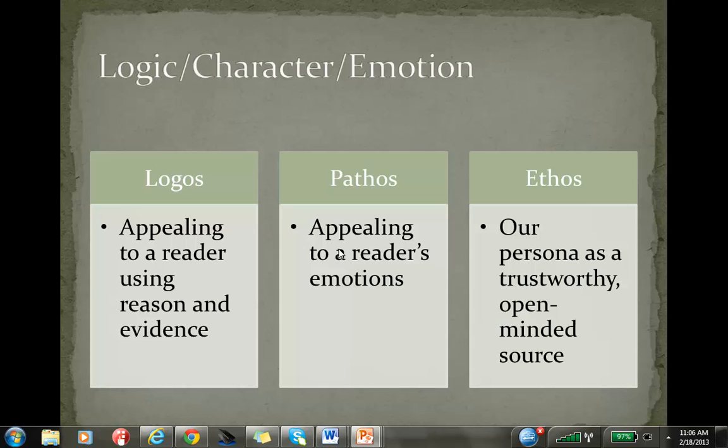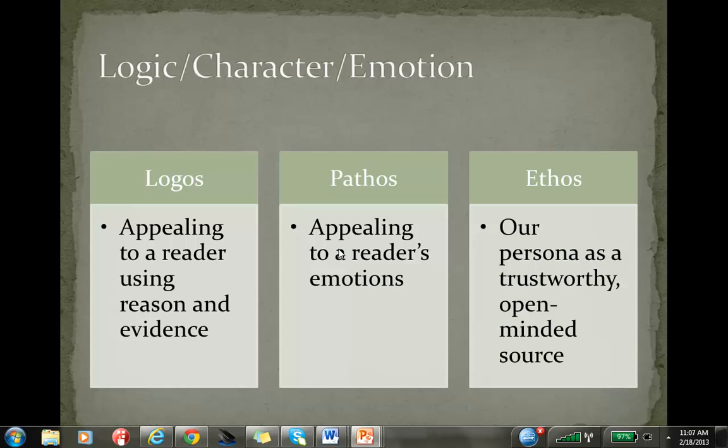You would also use logos and pathos to build your argument, to communicate clearly, logically and with pathos, why they should agree with you about this topic. Okay, logos appeals to the reader using reason and evidence. These would be our facts and figures. Pathos appeals to the reader using emotions, like giving a real human example.